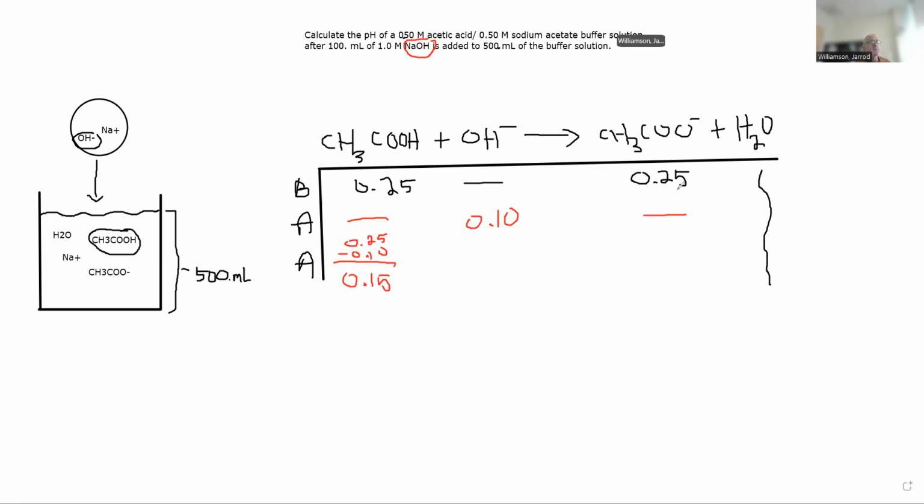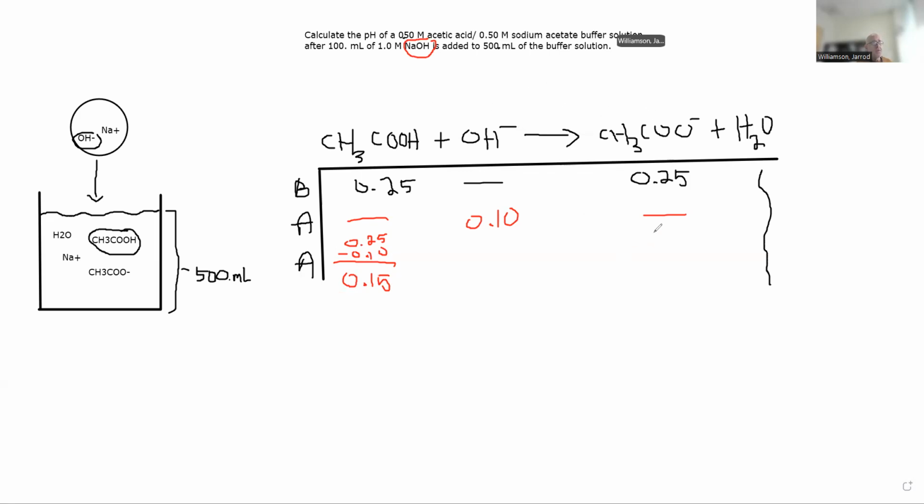What about this? This arrow means produces this. How much of this was consumed? 0.1. That means 0.1 of this is created because it's 1-to-1.